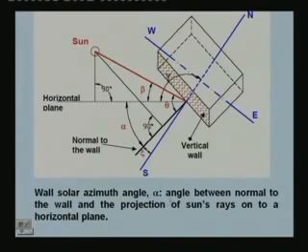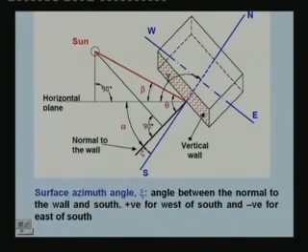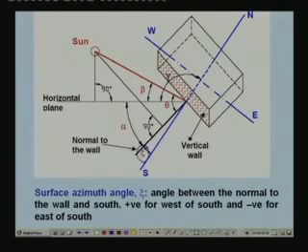And we have also defined another angle called zeta, that is what is known as surface azimuth angle zeta. Surface azimuth angle zeta is defined as the angle between the normal to the wall, this thick line, and the south. South is this. So for this particular picture, this is your zeta.